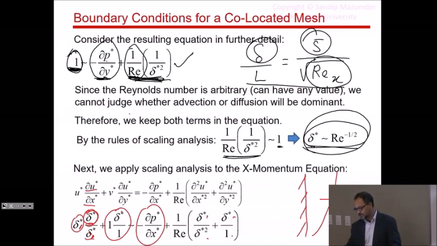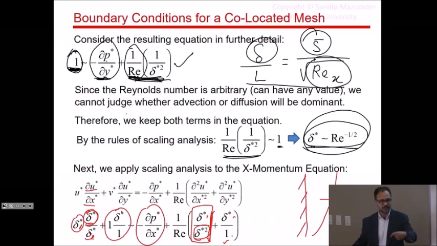Here, you see the same thing as what we saw for the y momentum, meaning that this guy has a division by delta squared, which means that if delta star is very, very small, this term here is going to dominate over that term. Because in one case I have a division by delta star squared. All right? Everybody see that?